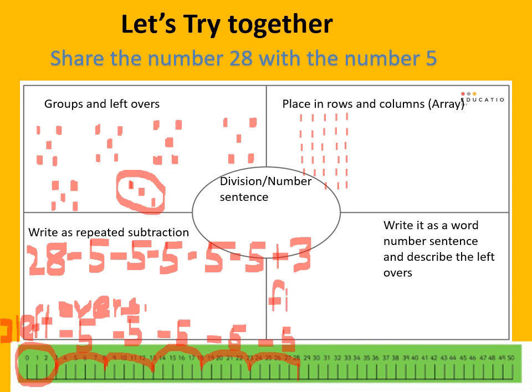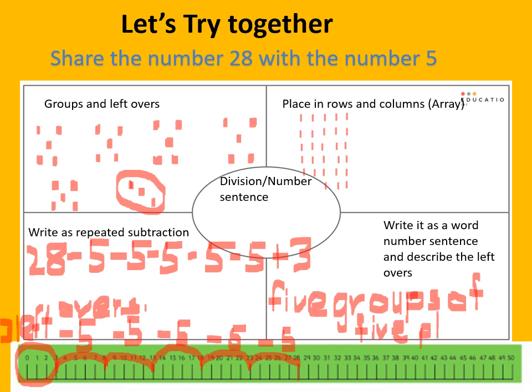So 5, the number 5 written in words, 5 groups, or you might say rows, of 5 plus 3. So that's our 3 leftovers.